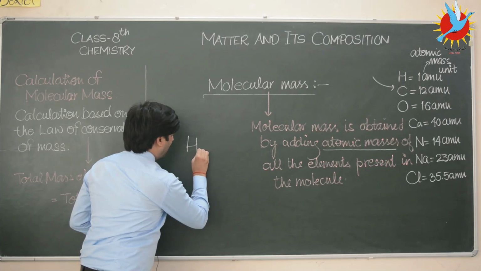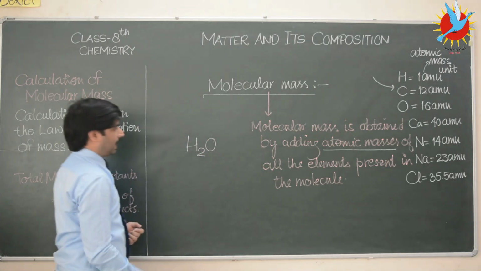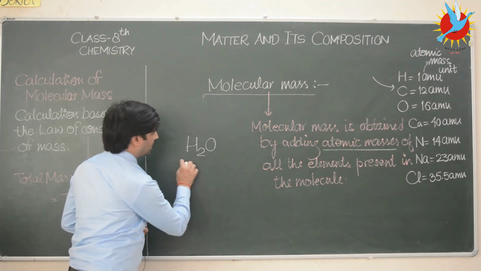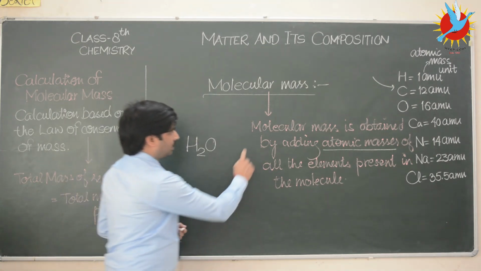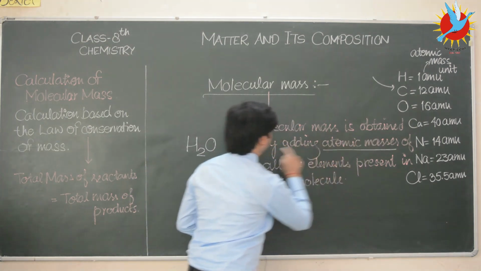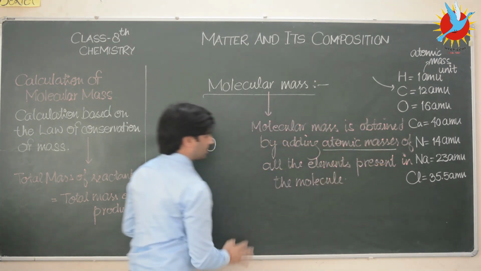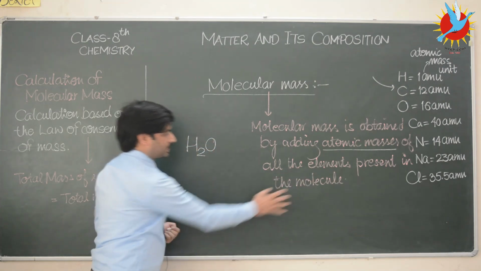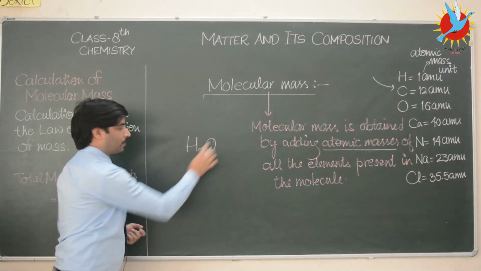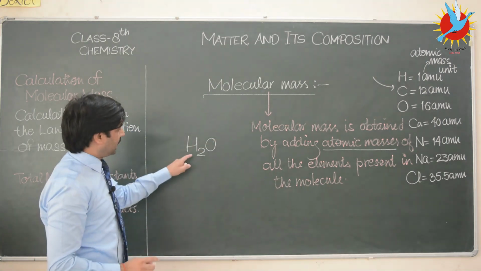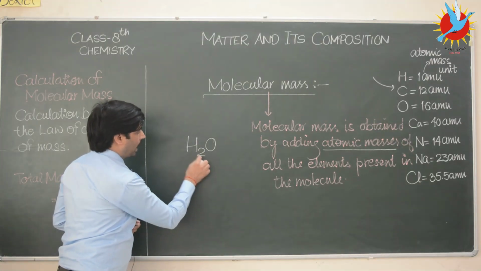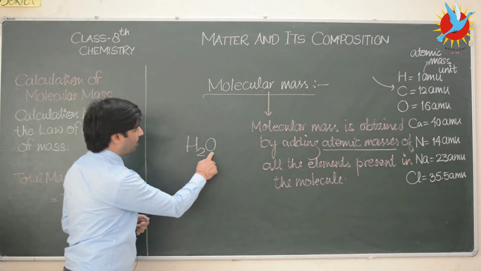Suppose we have the compound H2O and we have to calculate its molecular mass. We have seen the definition: molecular mass is obtained by adding atomic masses of all the elements present in the molecule. So we have to add the atomic masses of all the elements present in one molecule of water. Here we have two hydrogen atoms and one oxygen atom.